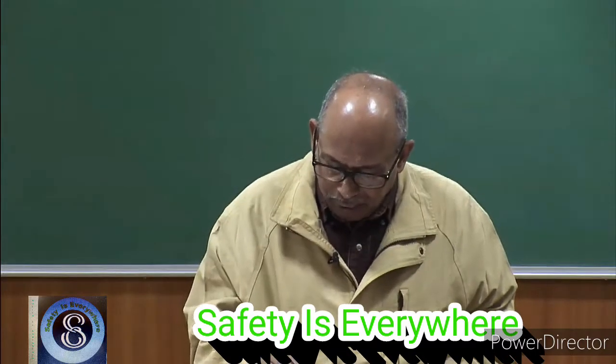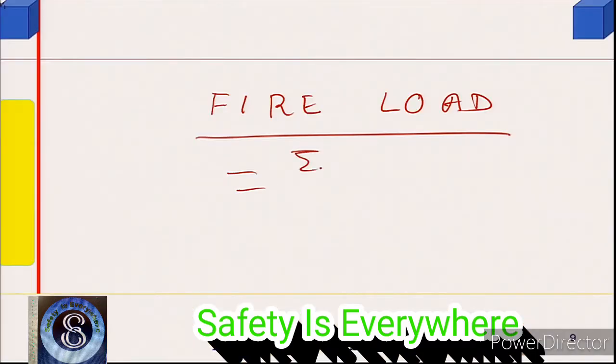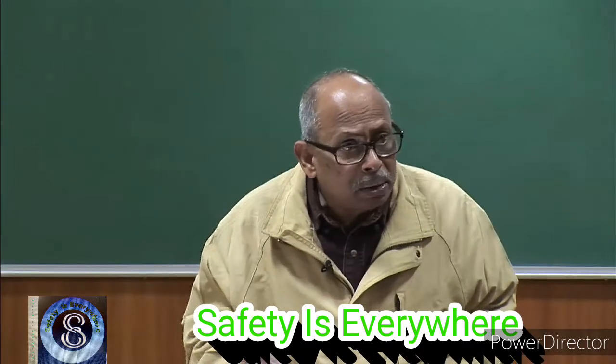So, fire load is nothing but sum total of all combustible material multiplied by their delta Hc. So, it would be actually mass of the combustible material.